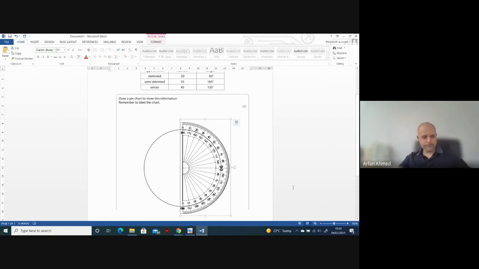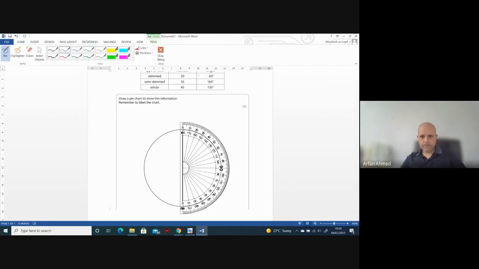When it's in the right place, just make sure it's lined up completely straight, vertical there. What's the first reading? Well, we need to do 60 degrees. So 0 is here. There's 10, 20, 30, 40. 60 is there. Just put a little mark on the paper where you think 60 is.